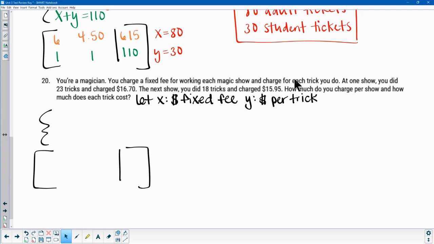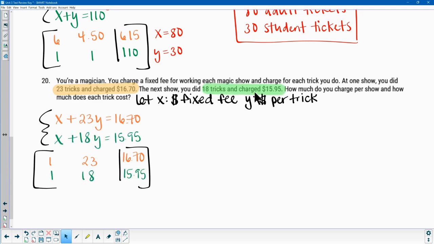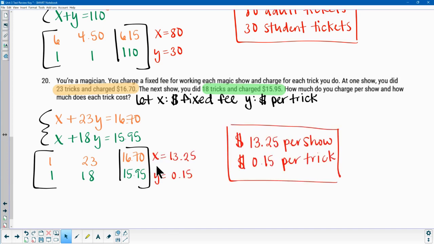For my first equation, they did 23 tricks and charged $16.70. So x plus 23y equals $16.70. And then I had 18 tricks and $15.95. So x plus 18y equals $15.95. Again, in the calculator, I get x equals $13.25.